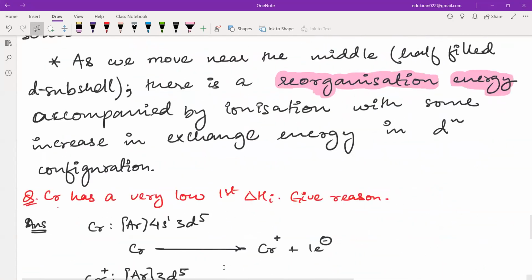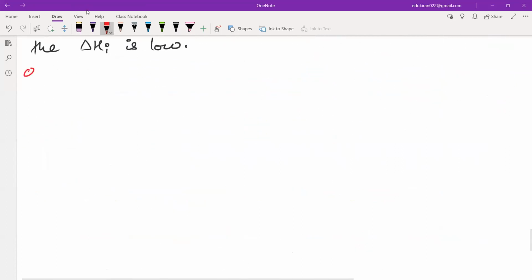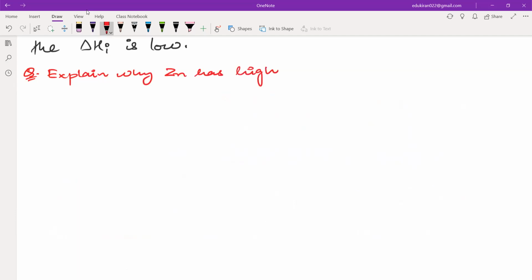Okay, now why is zinc very high? The question would be: explain why zinc has high delta Hi.